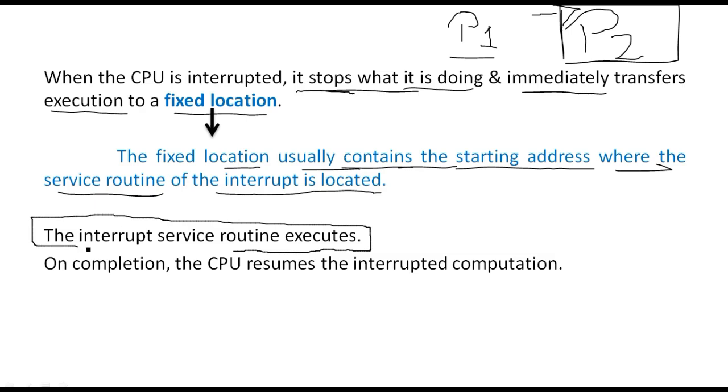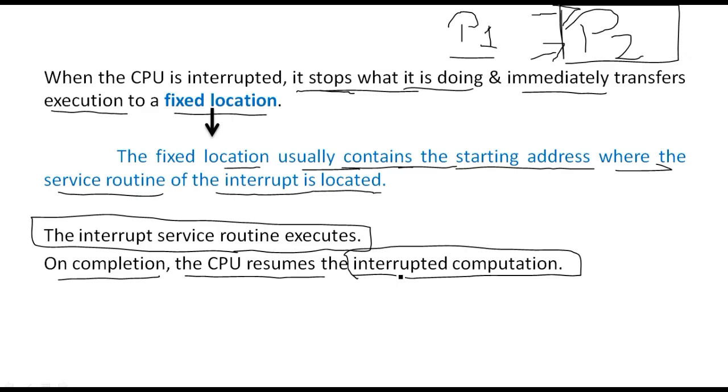It means the CPU is allocated to P2 and P2 gets executed. On completion of P2, the CPU resumes the interrupted computation. The interrupted computation is the P1 computation, right? After completion of P2's work, the CPU is again allocated to the interrupted computation, that is P1.